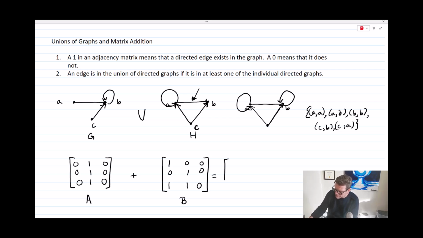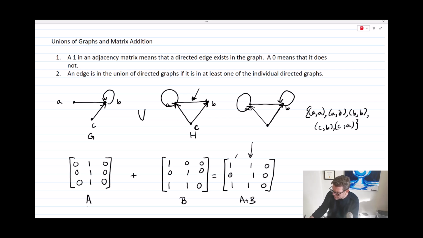Now, if I go in and I do the addition, what we can see is we're going to get 1, 1, 0, 0, 1, 0, 1, 1, 0. Notice everywhere we have a 1 in A is going to be included in our A plus B. And in addition to that, everywhere where we have a 1 in B that's not also in A already, we're going to add in that 1 as well.